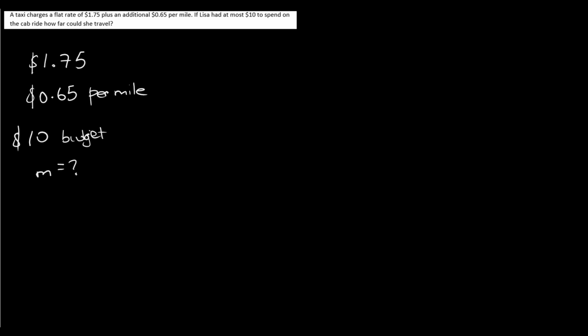Now that we've analyzed our problem, let's go ahead and solve. The taxi charges $1.75, so that will be $1.75, and an additional 65 cents per mile, so that will be plus 0.65M.